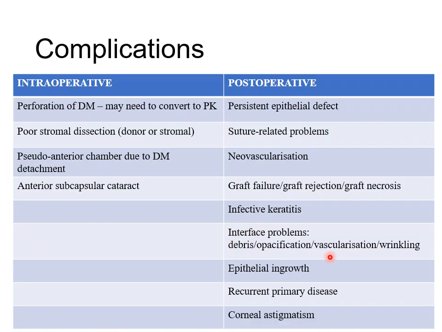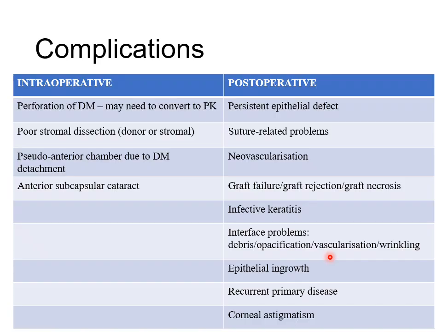Now, interface problems are present in cases of all lamellar keratoplasties. When you're doing a penetrating keratoplasty, you are transplanting the full thickness cornea. So there is no interface. There is just a graft host junction. Whereas when you're doing a layer by layer keratoplasty or a lamellar one, there is an interface, right?